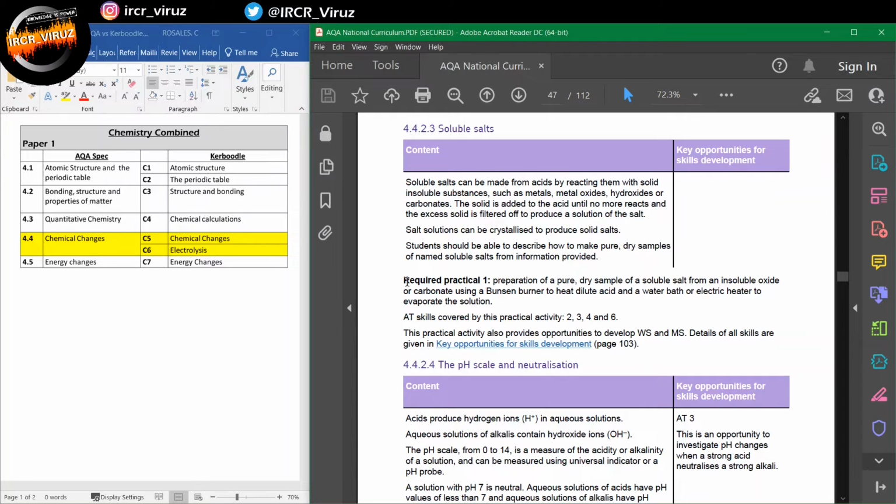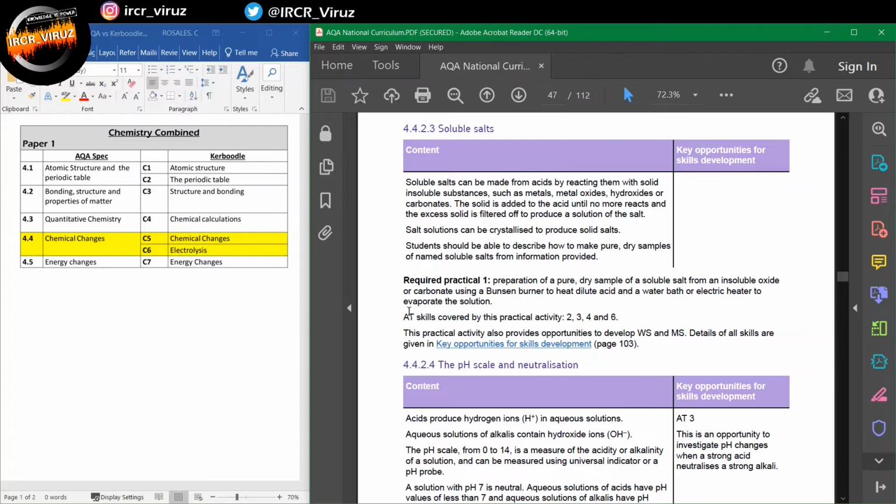Now we'll have a look at that later on, but it's mainly about you being able to write down the process. A lot of the time they give you an example and they will say, why is it that this person didn't get the results that he wanted? I remember that the guy wants to get copper sulfate crystals, but he uses magnesium oxide, I think, and instead of using sulfuric acid to get the sulfate crystals, he uses hydrochloric acid and gets a chloride instead.